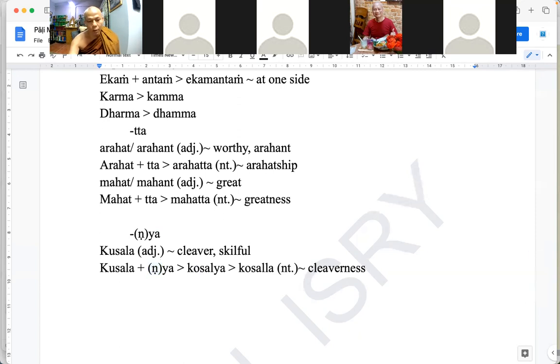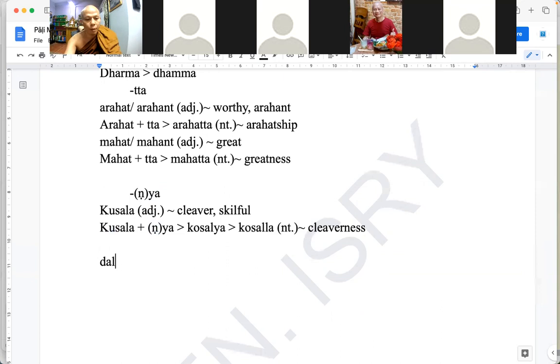The same way, like this. Daliddo is poor, that is an adjective.